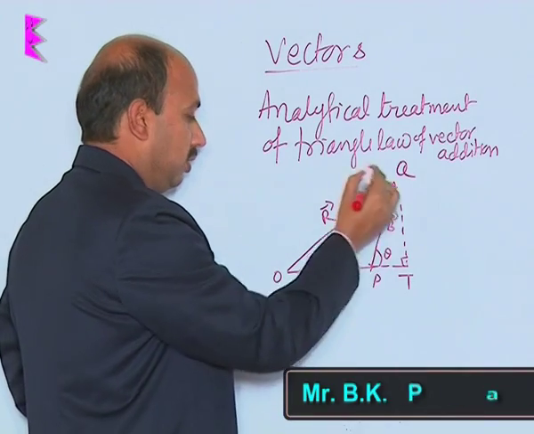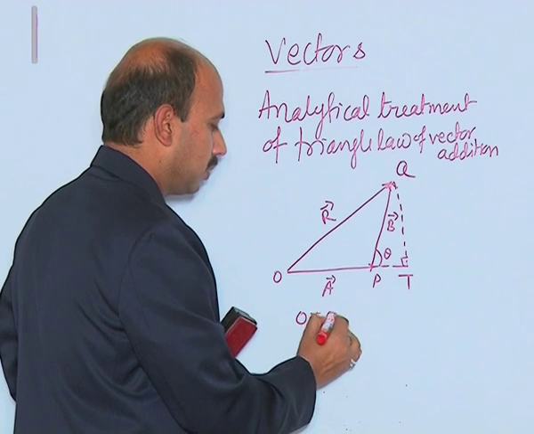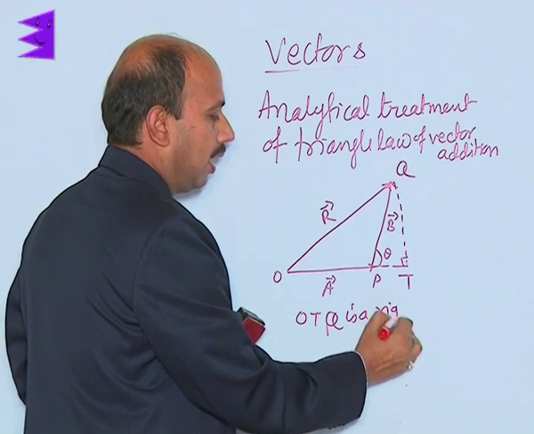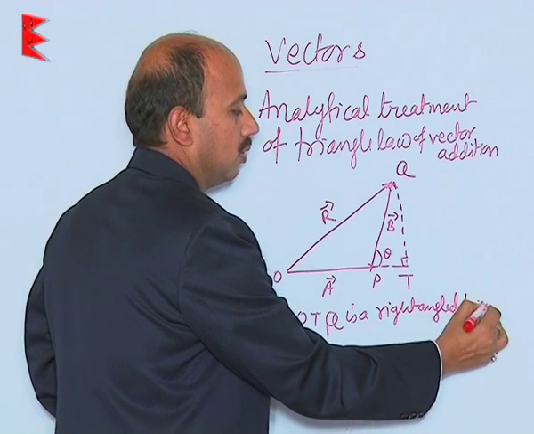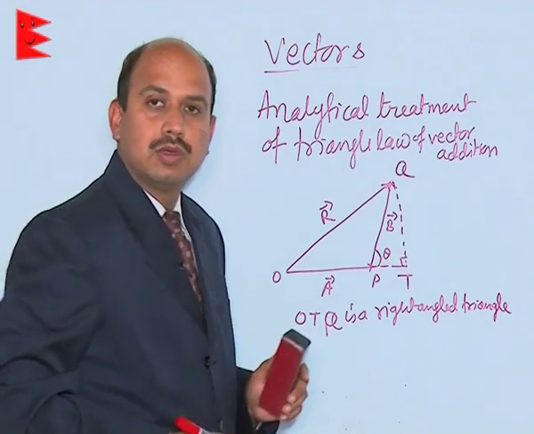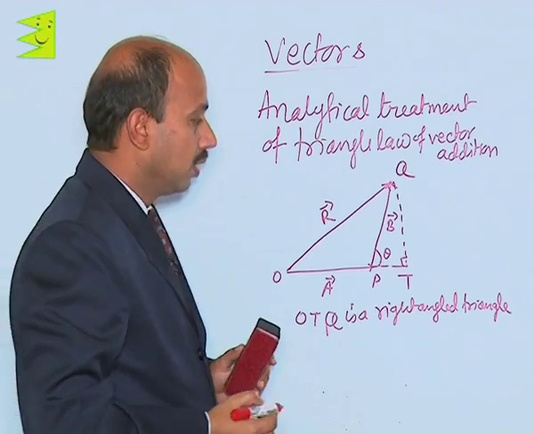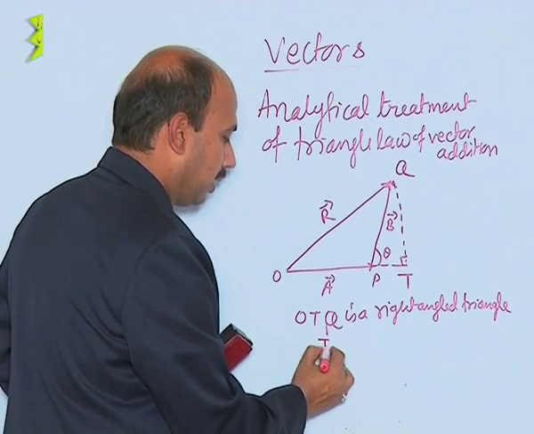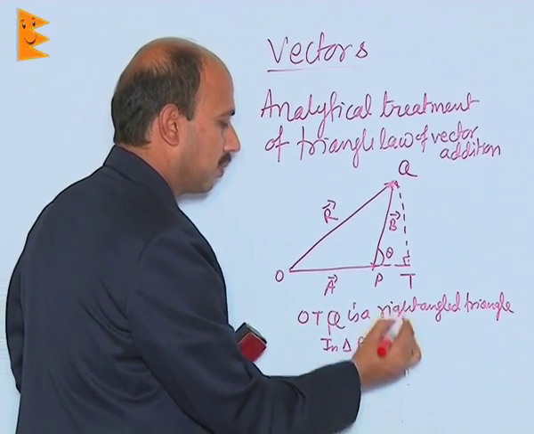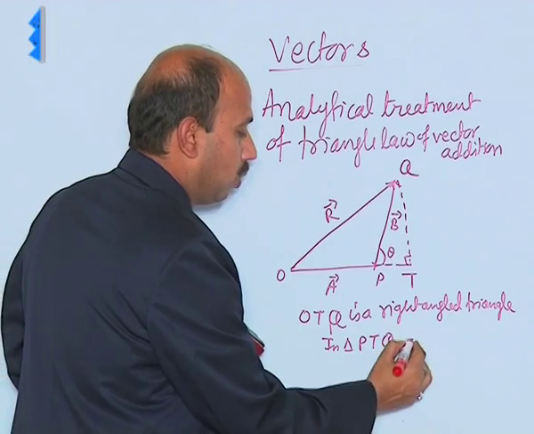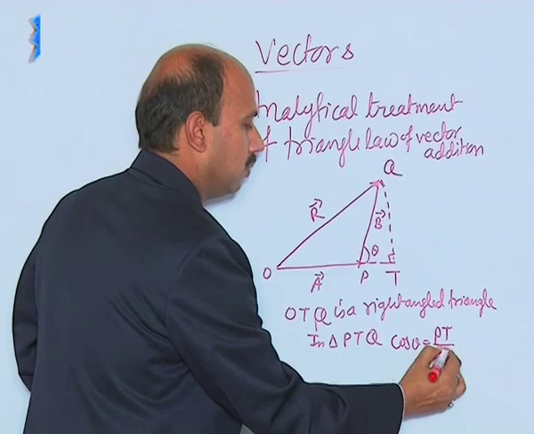Now, see in this one, OTQ is a right angle triangle. So, we have to calculate the value of OQ. In triangle PTQ, you can write cos theta is equal to PT upon PQ.